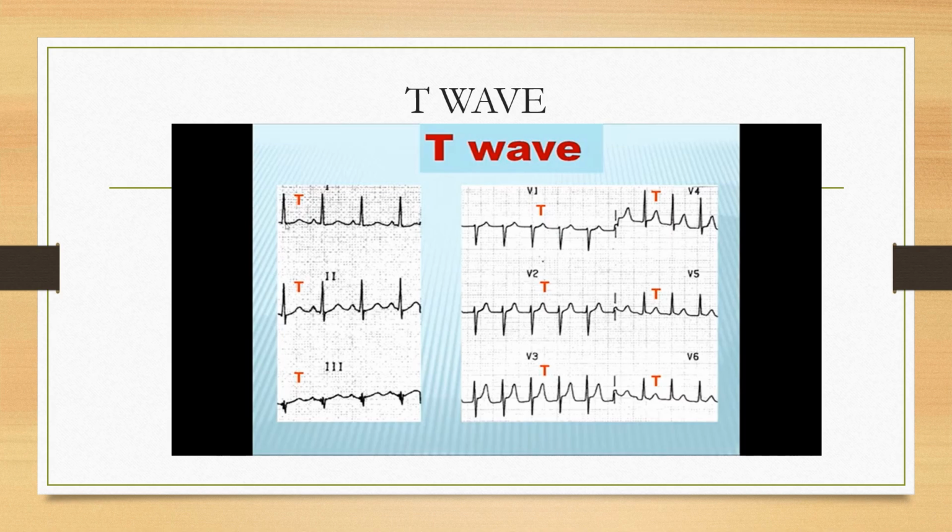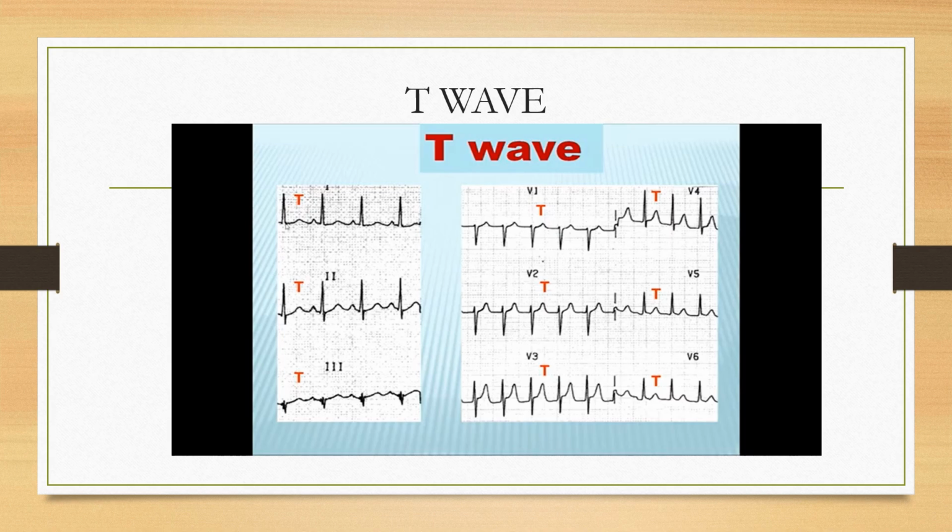It is the period when myofibrils prepare for the next contraction, and it gives us indication about repolarization. If you see any flat T wave, or you see widening or negative T wave, then you can say about disturbed repolarization.